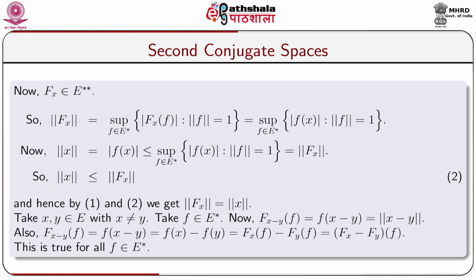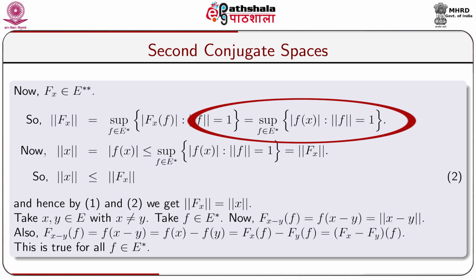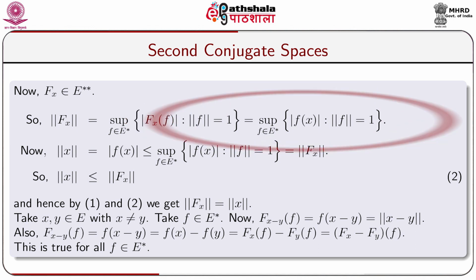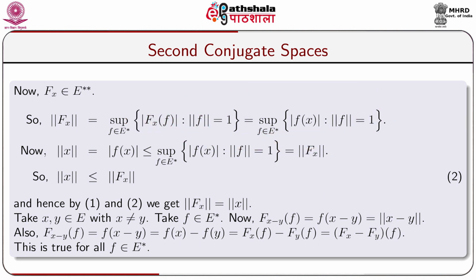So, norm of F_x equals the supremum of modulus of F_x(f), where norm of f equals 1, the supremum taken over all elements f belonging to E star, which again equals the supremum of modulus of f(x), where norm of f equals 1, taken over all such f belonging to E star.